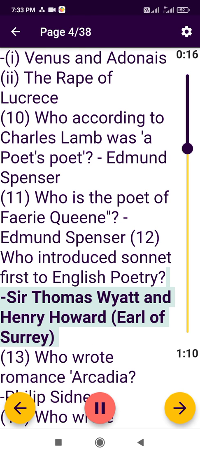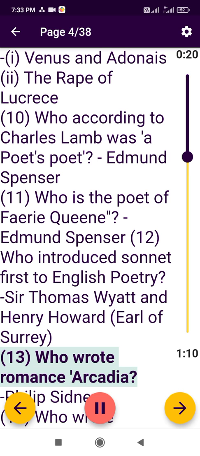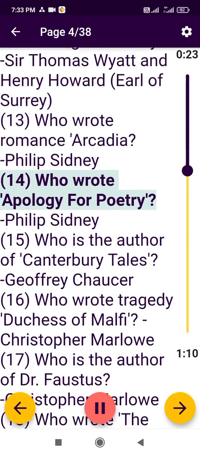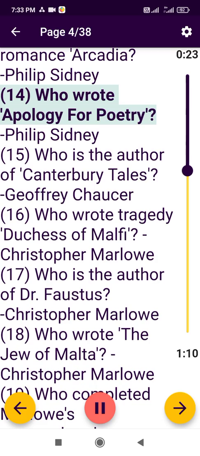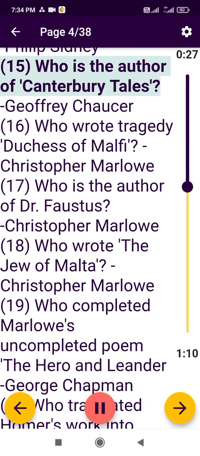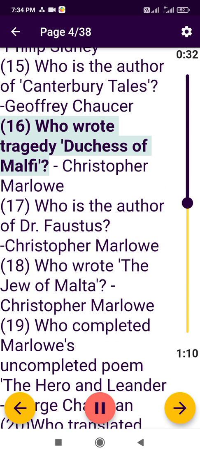12. Who introduced the sonnet first to English poetry? Sir Thomas Wyatt and Henry Howard, Earl of Surrey. 13. Who wrote Romance, Arcadia? Philip Sidney. 14. Who wrote Apology for Poetry? Philip Sidney. 15. Who is the author of Canterbury Tales? Geoffrey Chaucer. 16.